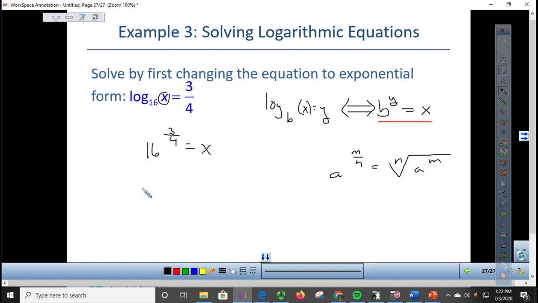So I'm just going to say, okay, this is the fourth root of 16, and really I should have put this on the outside, raised to the power of 3. This is a grouping symbol, so PEMDAS tells us to evaluate this first. That's why I shouldn't have written it like this, before we raise 16 to the third power.